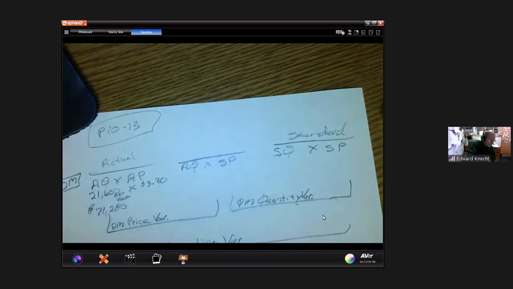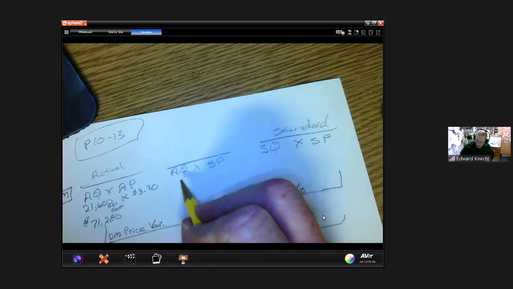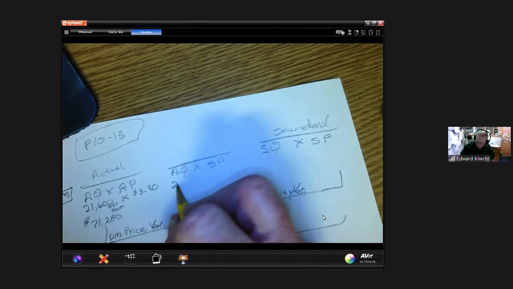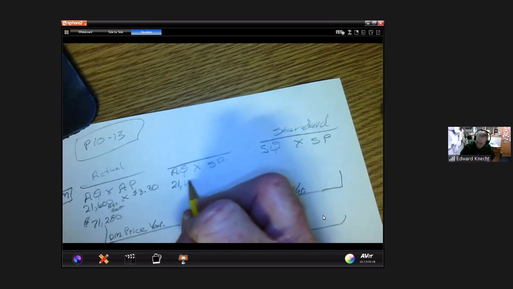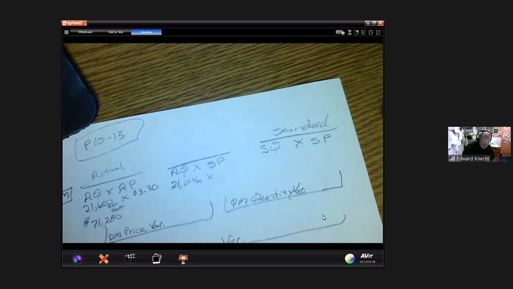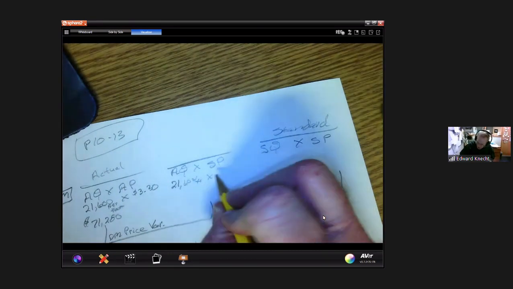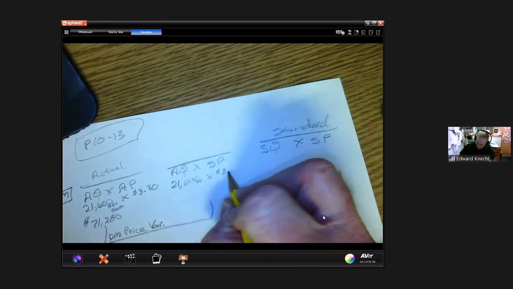That's correct, right? Now, the middle column, we got to have actual quantity. We already figured that in the first column, 21,600 per foot. The standard price, though, the actual was $3.30. The standard is supposed to be $3.